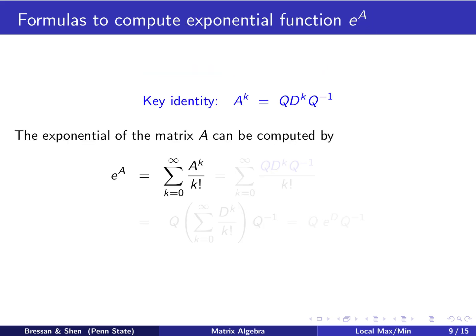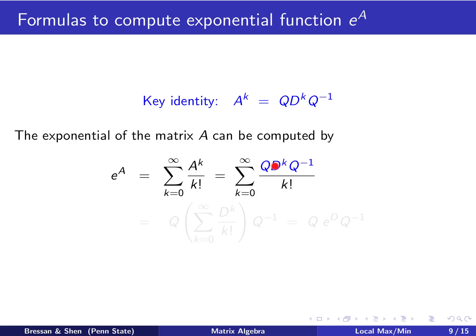A similar idea can be applied to derive a formula for computing the exponential function e to the power A. Again, we use this identity. So the exponential of A, e to the A, is this summation of this expression, A to the power k over k factorial. And then we can substitute A to the power k by our key identity. Okay, so then we put it in there. And then here we see that Q and Q inverse are constant with respect to k. They don't depend on k.